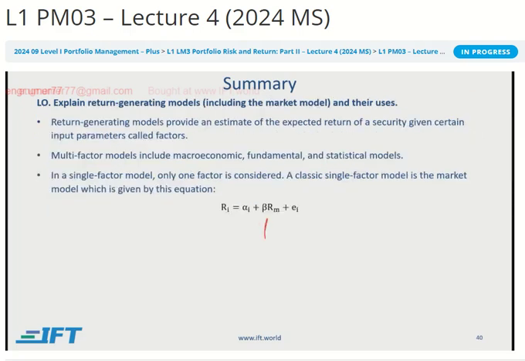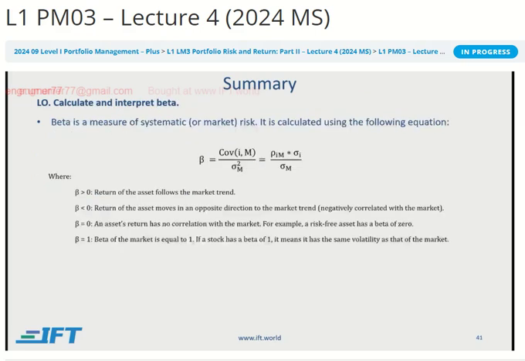Now, the single factor model, the market model, is your beta times the return of the market plus an alpha. You could further expand it through the CAPM. And in your CAPM, how do you calculate the beta? That is the covariance of the stock and the market divided by the variance of the market.